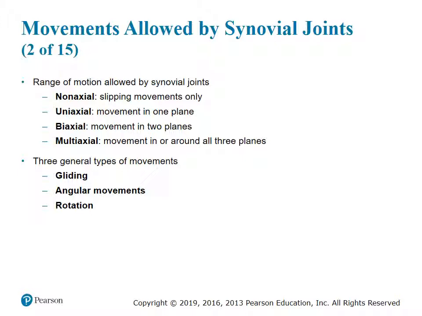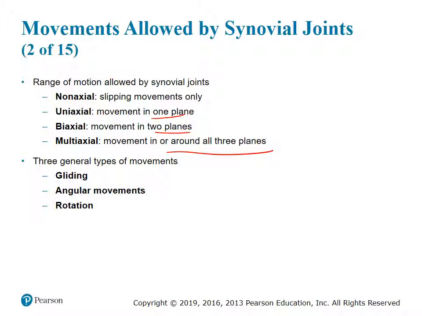Okay, so let's talk about this range of motion, right? So this range of motion, in fact, we talk about the different planes we're moving in, okay? It talks about what planes we're moving our joints in, or the movement is going to be in, right?